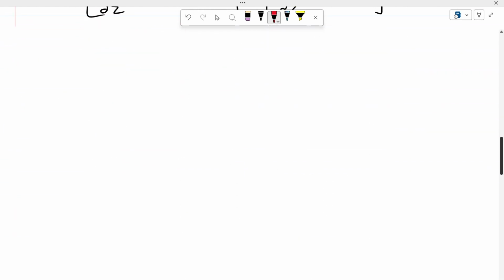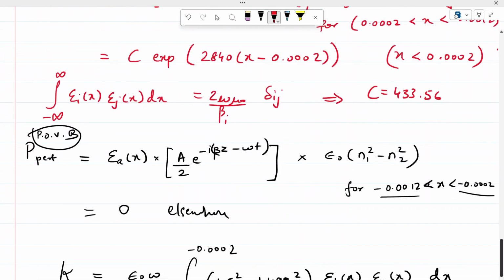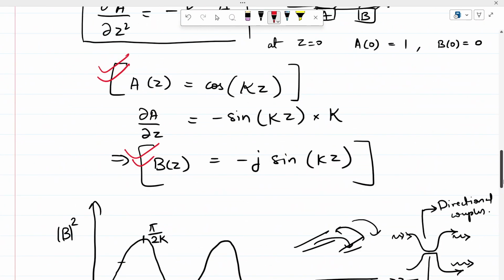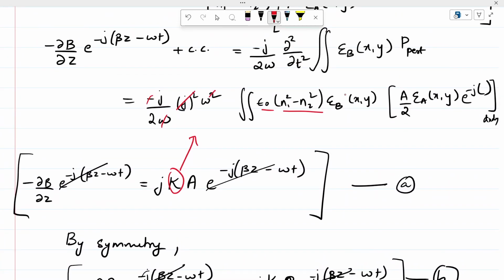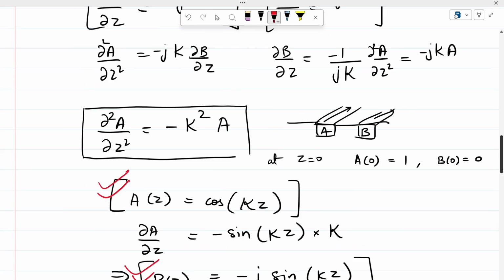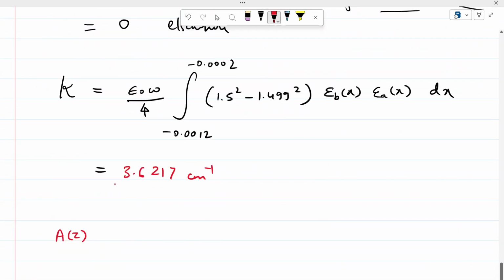So all these terms combine, and the integral, of course. And this integral between EB and EA. So all these terms combined is my K. So this K I just evaluated here to be this. So I just wrote the value, but yes, we can evaluate it because we know all the terms.